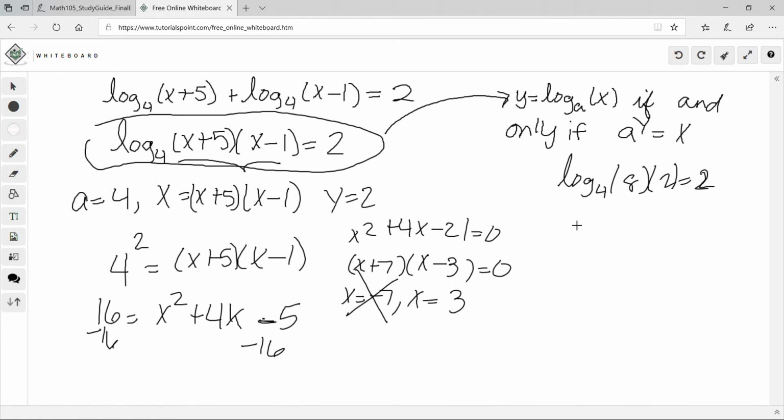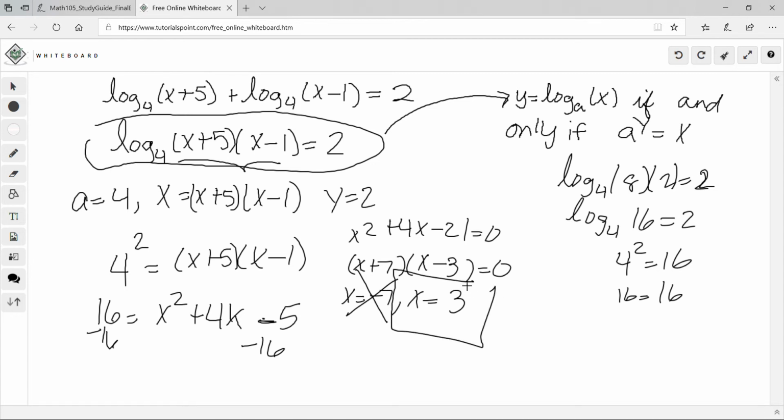So that's log base 4 of 16 equals 2. So that's really saying 4 squared equals 16, which is true. So our only choice is x equals 3. So that was 23.